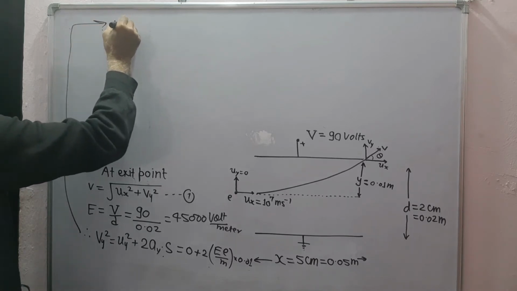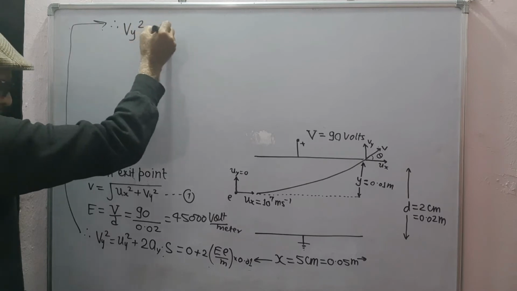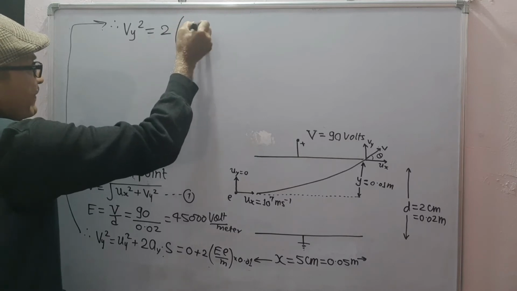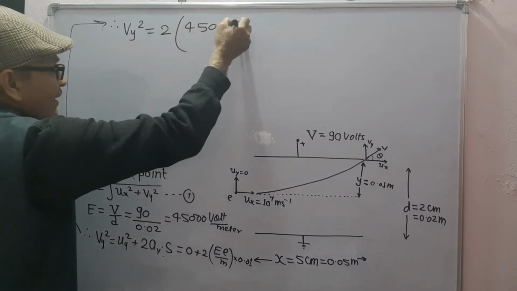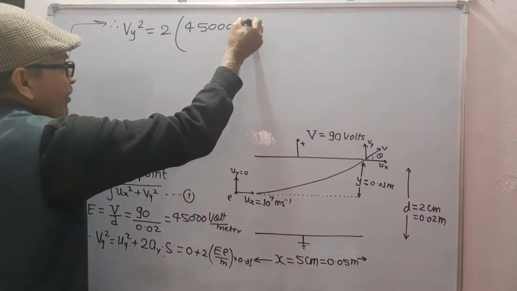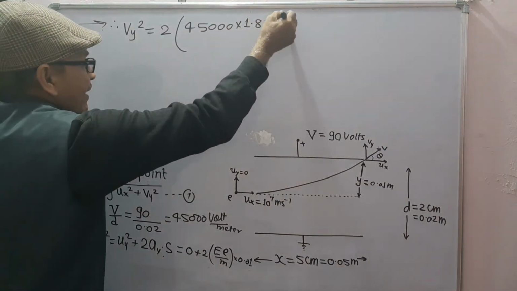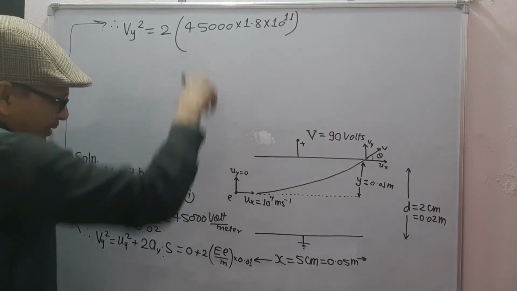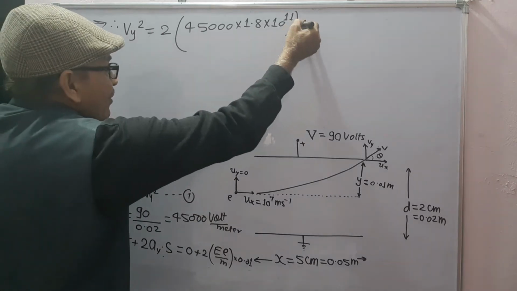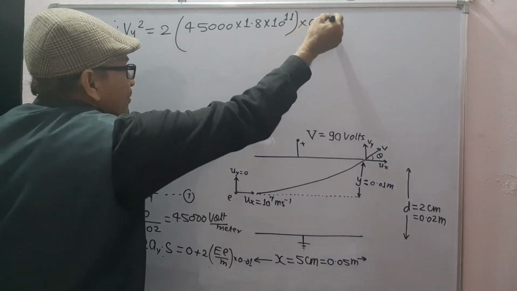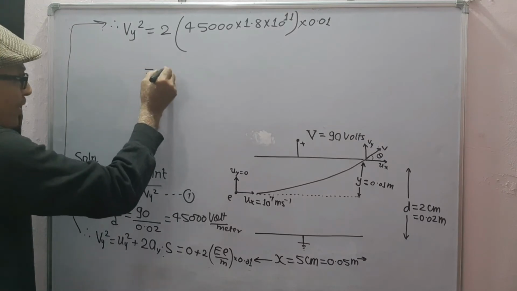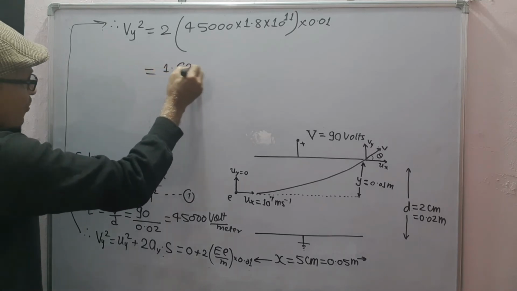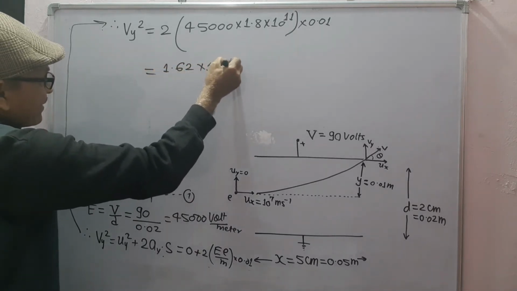Therefore, v_y square will be equal to 2 times E is 45,000, e by m is 1.8 into 10 to the power 11, into y, that is s, 0.01, and its value comes to be 1.62 into 10 to the power 14.